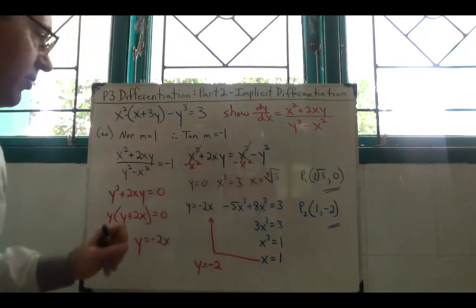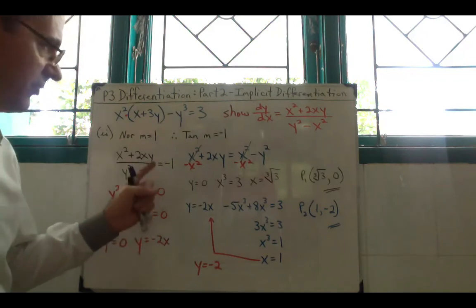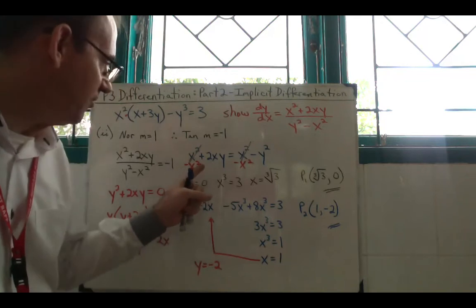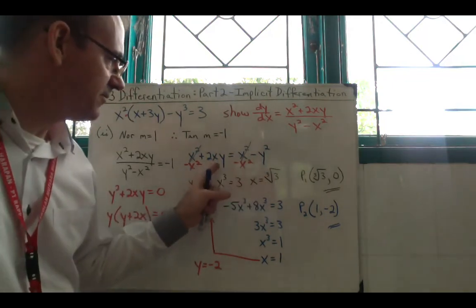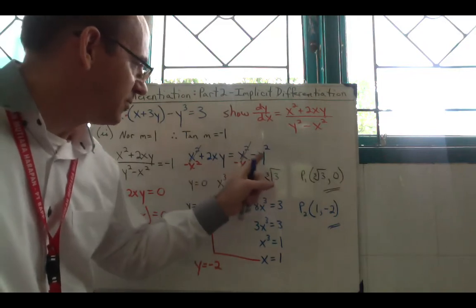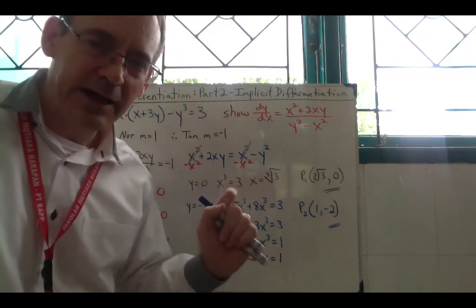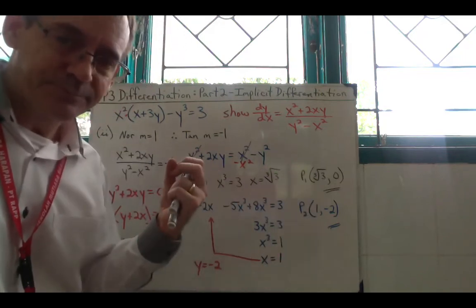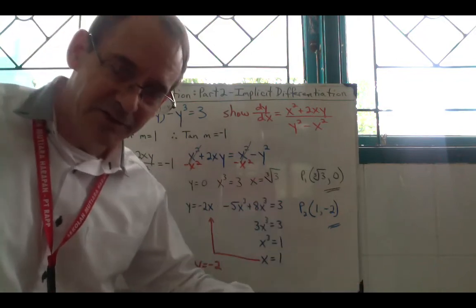Add the y squared over, so we get y squared plus 2xy equals 0. Now be careful at this point. I notice a lot of students, when they get here, they'll try to divide y to both sides to cancel this y. Don't divide out a variable that you're solving for because it will eliminate one of your answers.